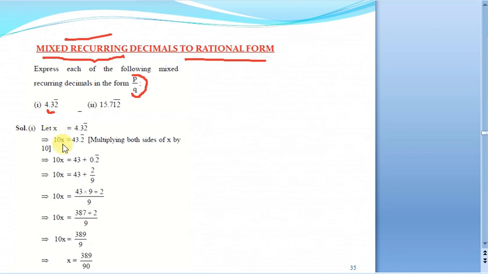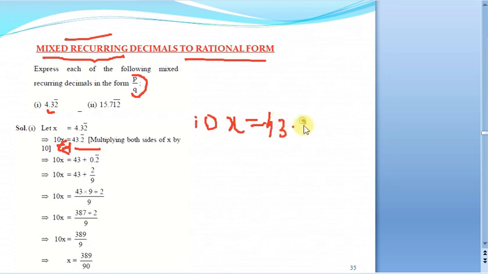So x will become 10x on our left hand side, and on our right hand side this decimal will move here exactly. Why? Because we are multiplying with the 10. Our decimal is initially here, it will come after this particular 3. It will become 43.2 bar. So we are left with 10x is equal to 43.2 bar.